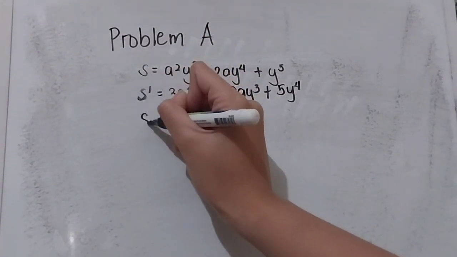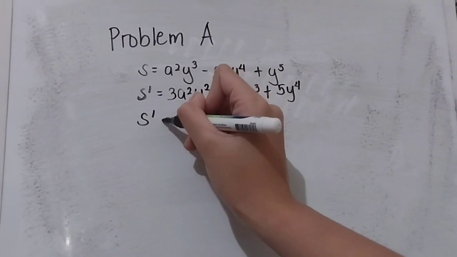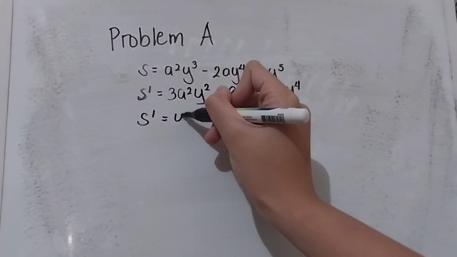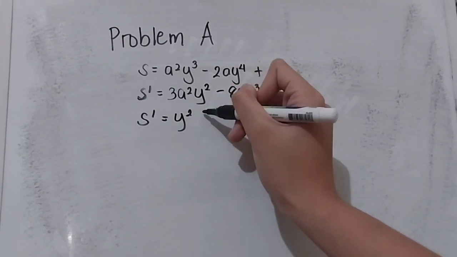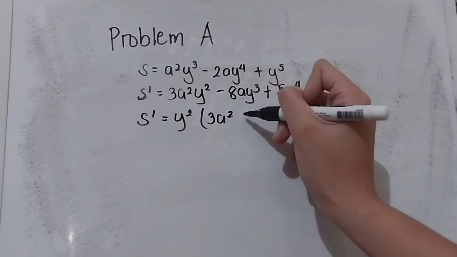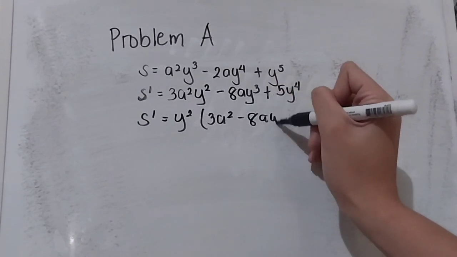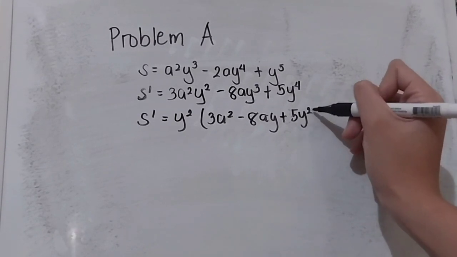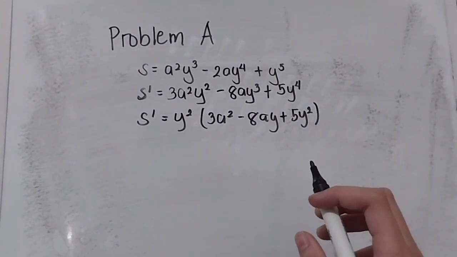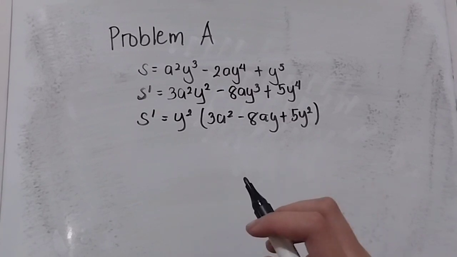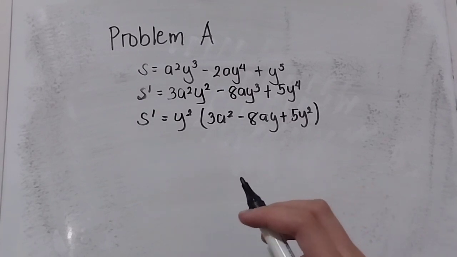and then S prime is equal to y squared, then 3a squared minus 8ay plus 5y squared. To maximize, equate the equation to 0.